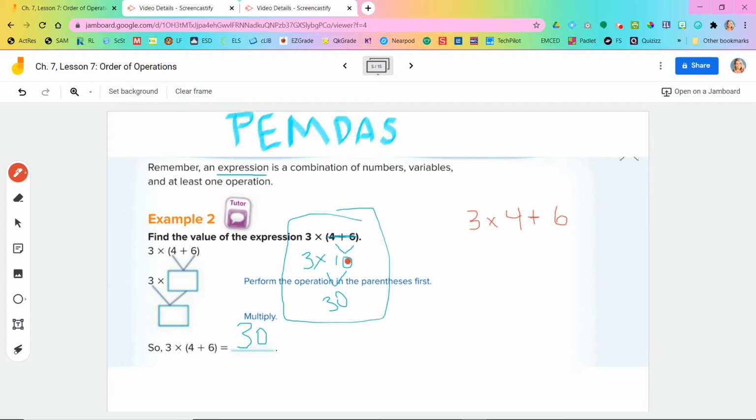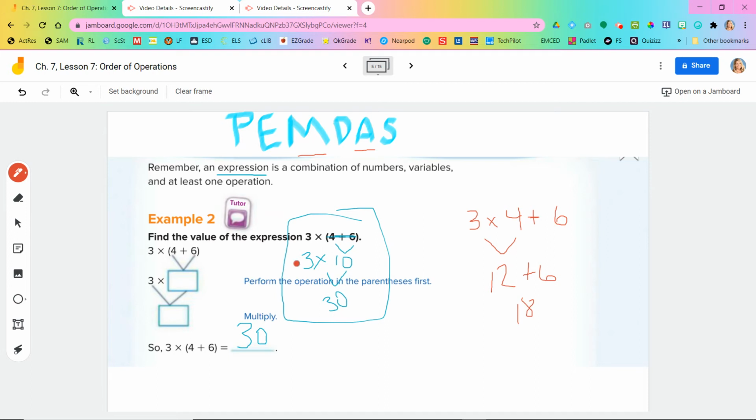Now over here, I added first the 6 plus 4, but over here, if my parentheses are gone, I don't have parentheses, I don't have exponents. Do I have multiplication? Yes, I do. I have multiplication and addition. So this means that my multiplication has to come first. I drop down what's left, and here I get 18.